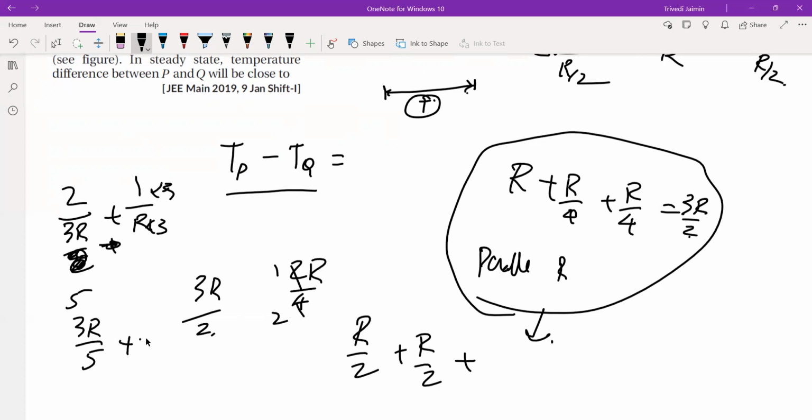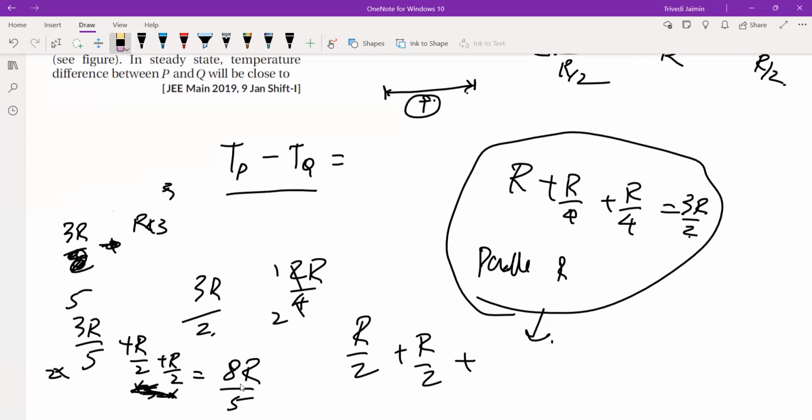Plus R by 2 plus R by 2. 3R by 5 plus R, which is 8R by 5. Okay, so total R is 8R by 5. I'll erase this and directly write 8R by 5.